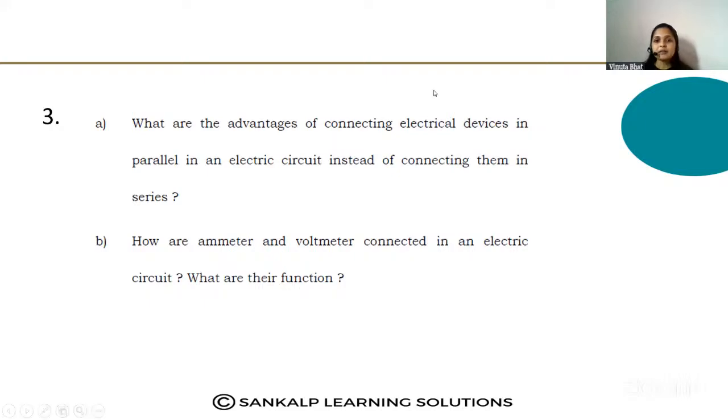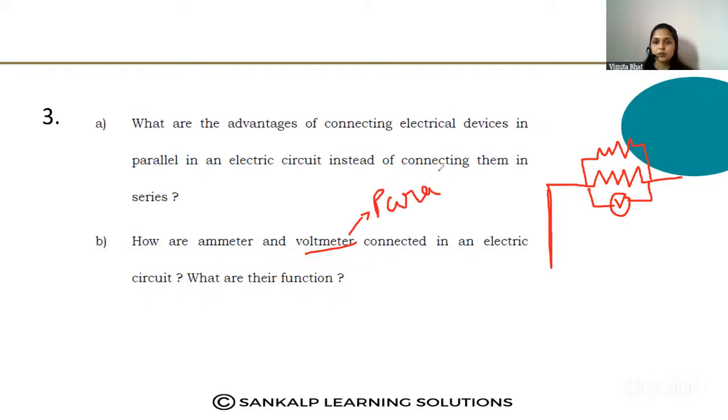How are ammeter and voltmeter connected in a circuit and what is their function? Just imagine this is the electric circuit. Resistors are here. Here, the voltmeter is connected in parallel like this. Voltmeter is connected in parallel and ammeter is connected in series.